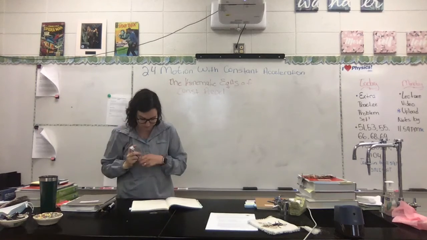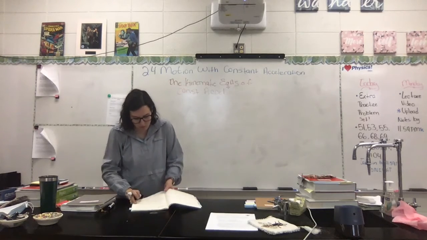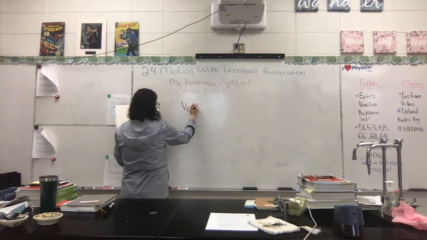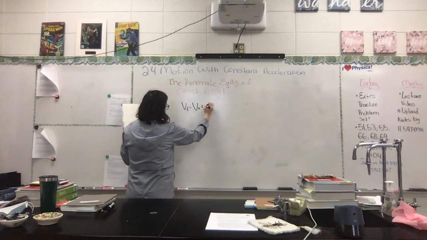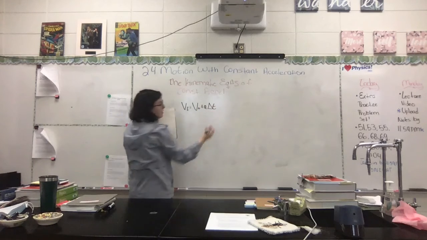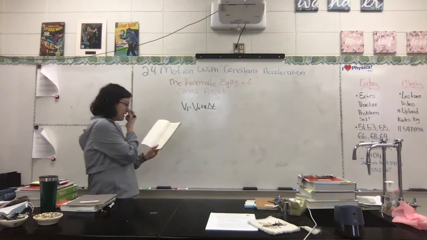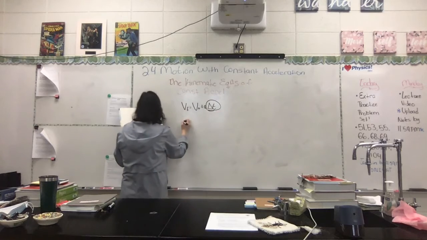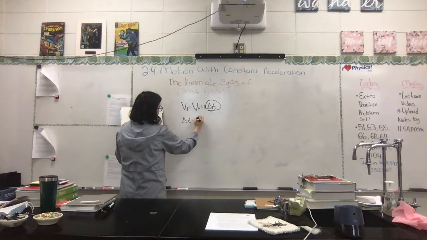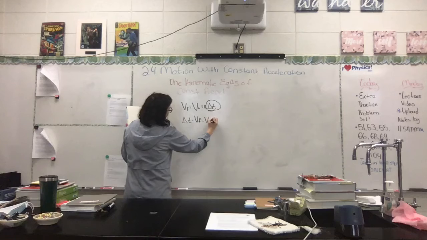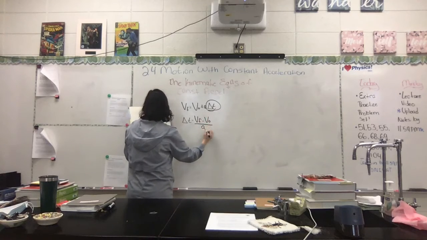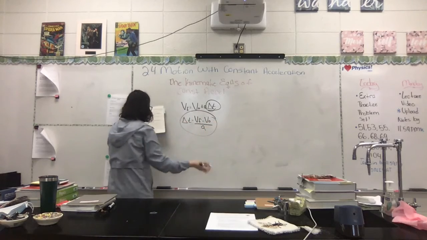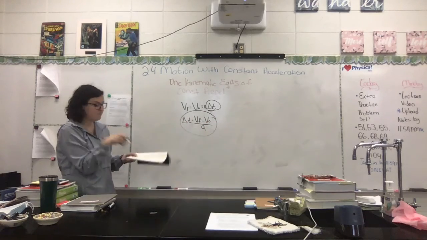Okay, so if we were to solve VF equals V naught plus A delta T, you know, that very first kinematic equation we derived, if we were to solve it for delta T, okay, we would get that delta T equals VF minus V naught over A. All right, what we can do is plug this into that equation we just got, okay?